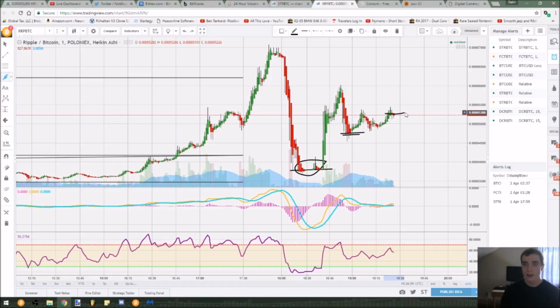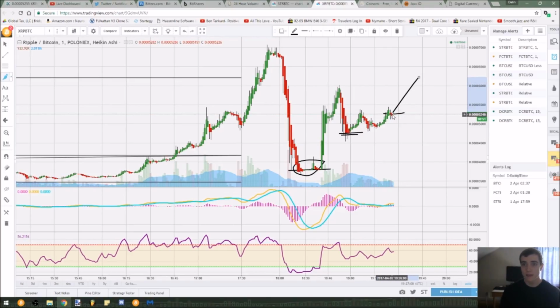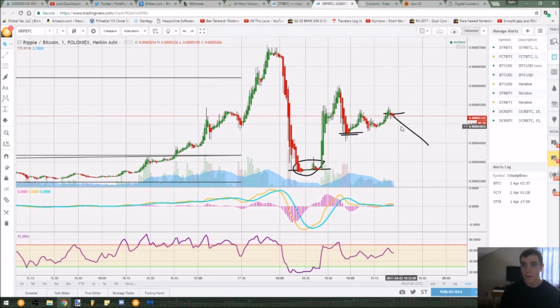If you buy right here, what's the probability of you being able to sell in profit? It's like 50-50, right? Well, it's not 50%, but it's less probable that you would actually come out with a profitable trade entering right there.